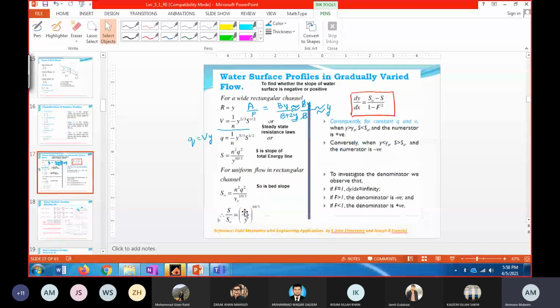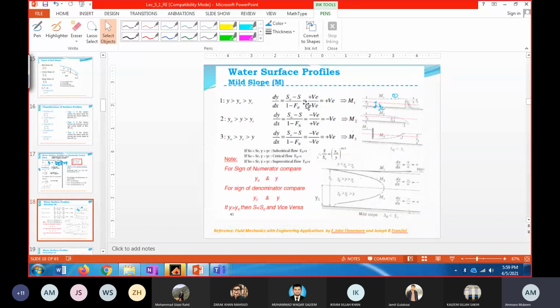When y naught is less than y, then you can say that S would be less than S naught, isn't it? So apply this equation here, then you can know the sign of the numerator. So y naught is less than y, so S is less than S naught. It means that the numerator is positive.